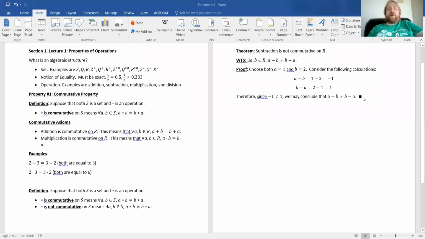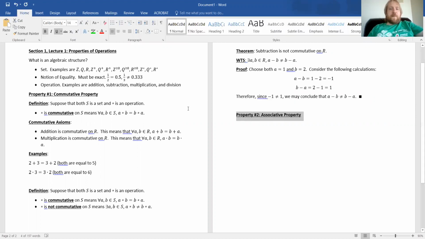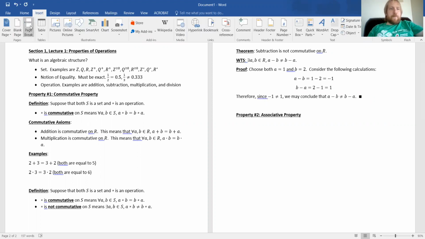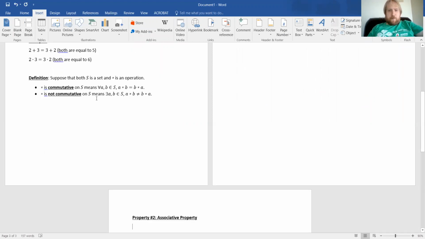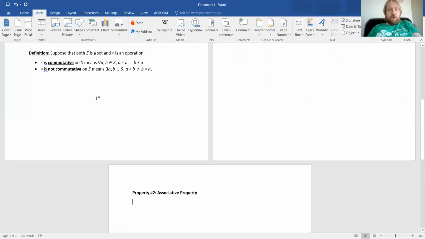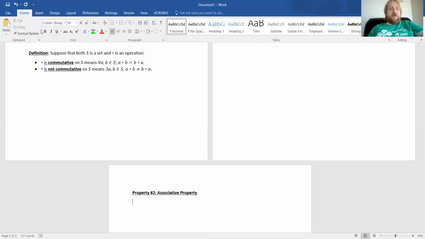We now turn to our second property that we would like algebraic structures to have, and that is the associative property. The associative property is defined as follows.